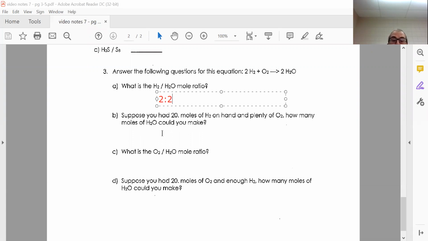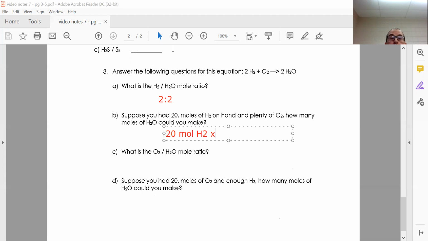So I could start with 20 moles of H2, and I'm going to multiply that by my ratio. I'm going to put a little line here, and I'm going to put moles of H2 on the bottom, because that's where I'm coming from. And we said that was, from the equation, 2 moles of H2.